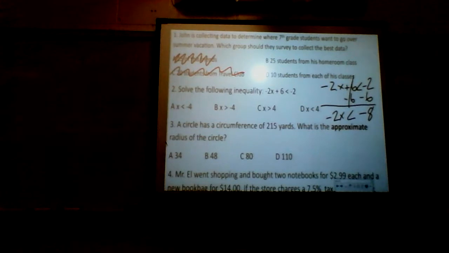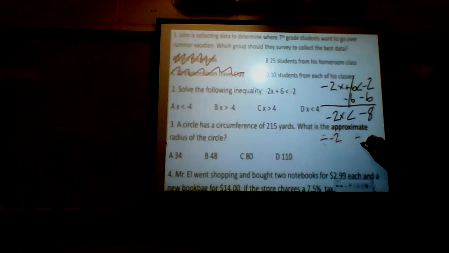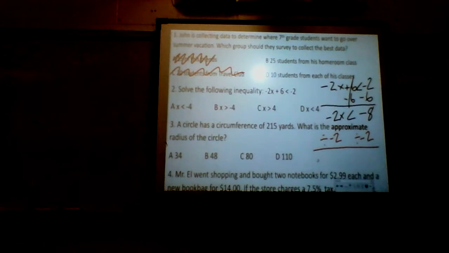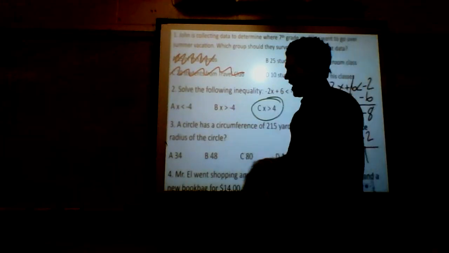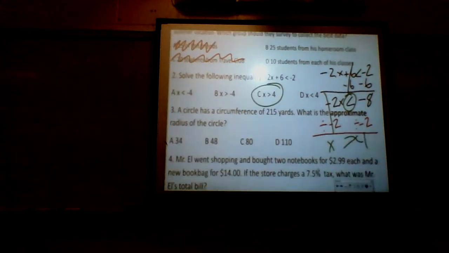Now we have to isolate our x, which means we're going to divide each side by negative 2. And hopefully you remember, Devin, that when we divide by a negative, we flip our sign. On our calculator, negative 8 divided by negative 2 is positive 4. X is greater than 4.